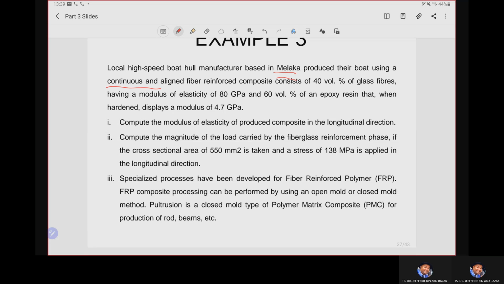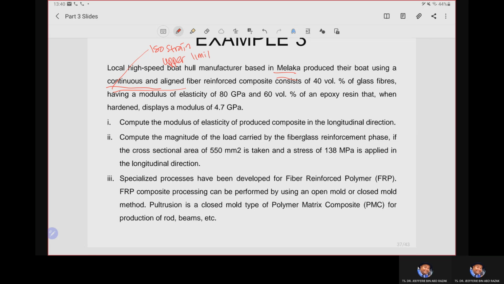If continuous and aligned, we can go back to the iso-strain case. Using the rule of mixture, the iso-strain case is always the upper bound or upper limit performance.